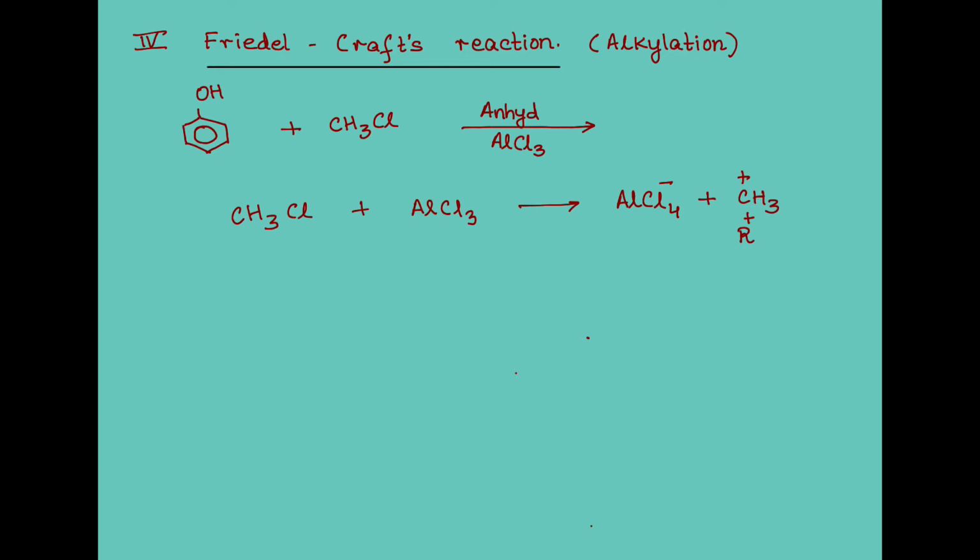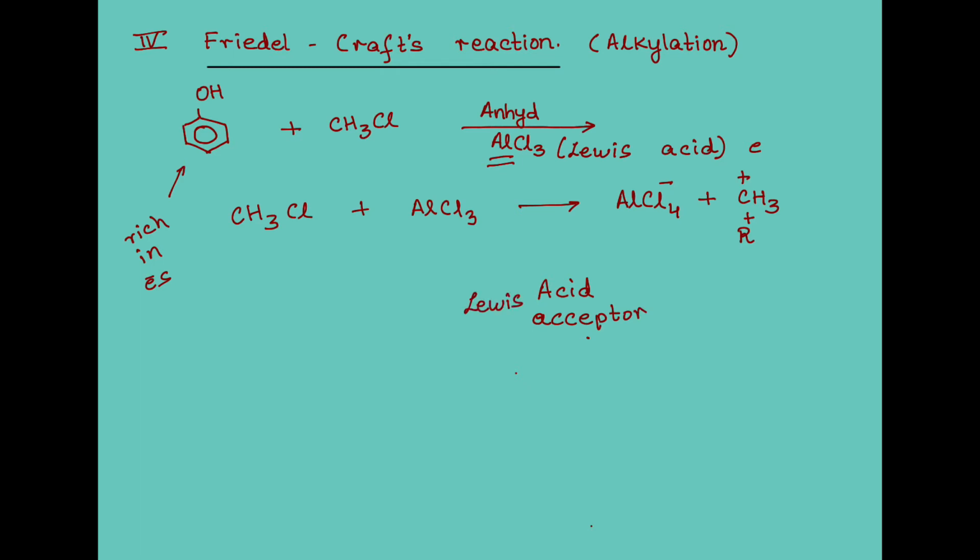Interestingly, what happens, we know that phenol is rich in electrons. Aluminium chloride, on the other hand, is a Lewis acid. That means an electron acceptor. A for acid, A for acceptor. So my easy way of remembering so that I don't get confused.